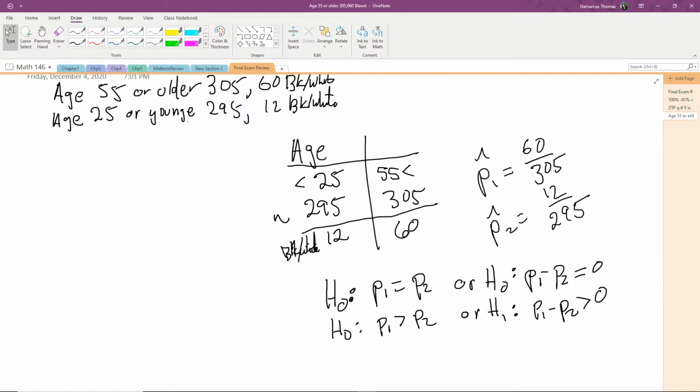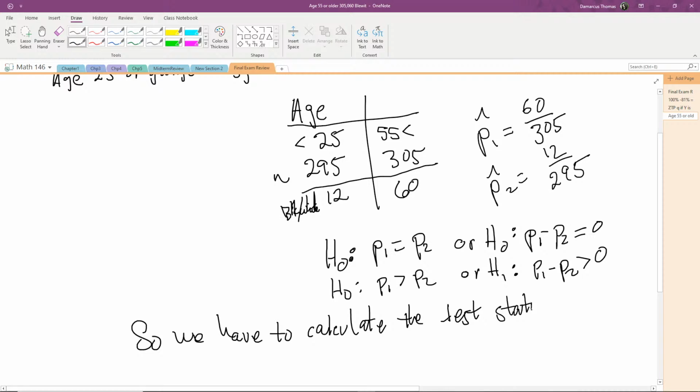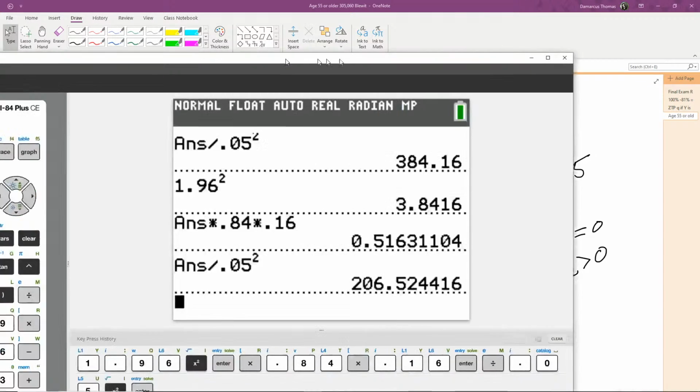So the first thing you have to do is calculate the test statistic. Now, it turns out that we're not going to calculate the test statistic by hand. We're going to use our calculator to calculate it for us. But I can show you, if you want to see the formula and how to calculate it, no problem. But for right now, let's do it using the calculator.